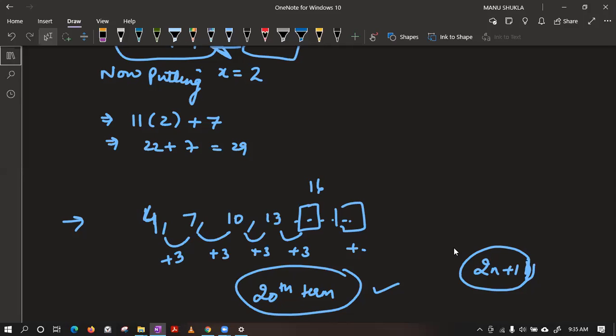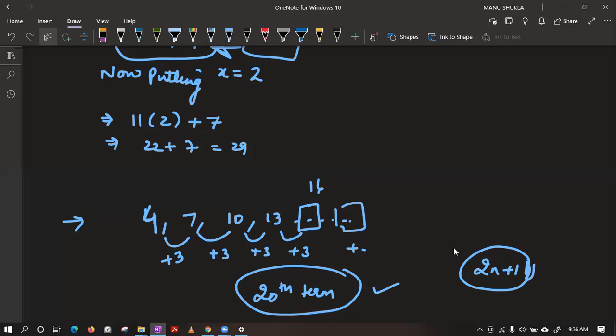Class, please tell me, is the formula given by Lavya correct or not? Okay, very good. If two terms will add 6, similarly we can do that.